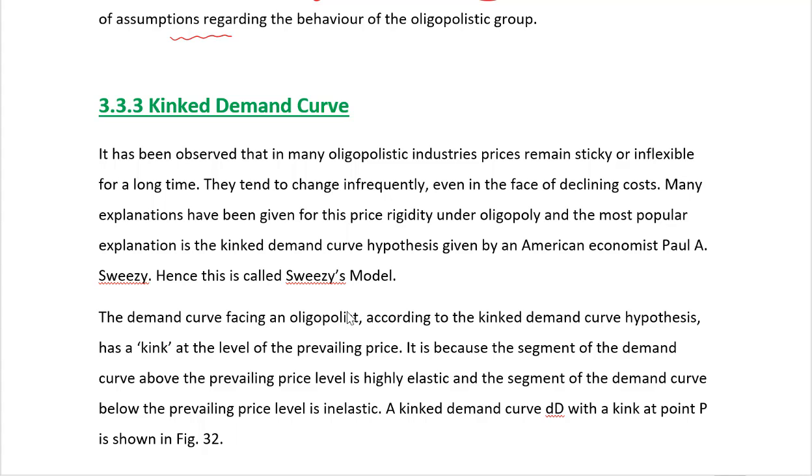Hence, if oligopolistic firms reduce the prices, the demand will be inelastic or less elastic. The demand curve in such a case will become steeper, and very little increase in sales quantity can be obtained by the reduction in price, because the remaining firms will also follow and reduce the price to maintain their customer base. I believe you understood till here.